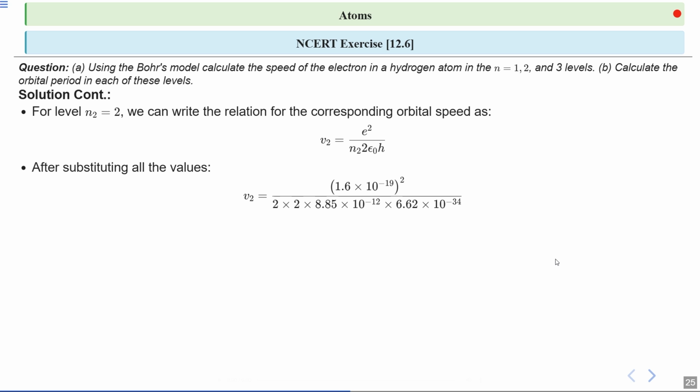After plugging in the numbers and calculating, we find that the speed of the electron in the n equal to 2 level is about 1.09 times 10 to the power 6 meters per second.